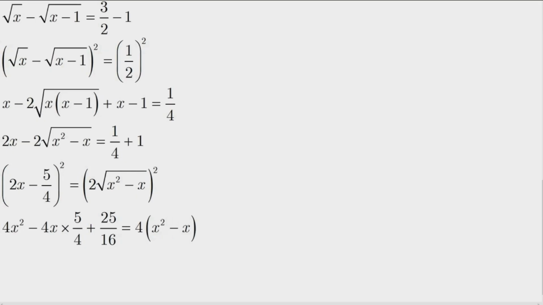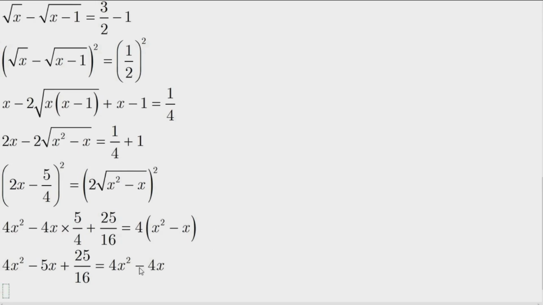Alright, now look at the left hand side of the equations, that will be equal to 4x minus 4 and 4 simplify with each other, then equal to 5x. Alright, then we can say the equation will be x squared minus 5x, and then plus 25 divided by 16 equals 4x squared minus 4x.